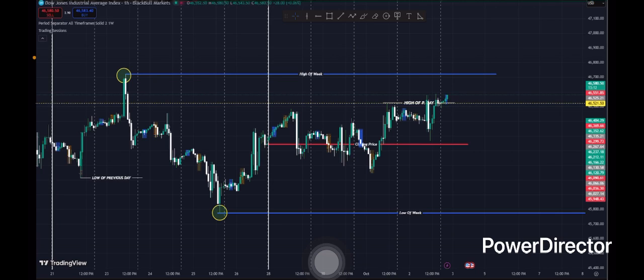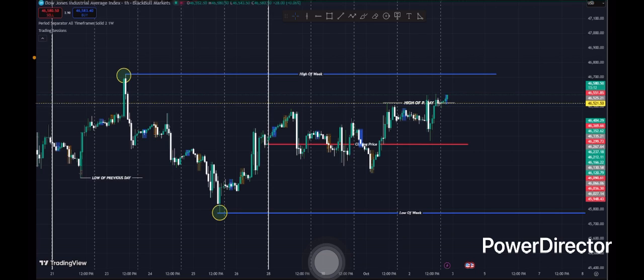All right. Now, here we're looking at an hourly chart on the DJ30. And I'm just showing you that we are still inside of last week's high and low range. You can see that with the blue lines. The red line is the previous week's closing price. Those are the three levels I have on my chart at the beginning of every single week.